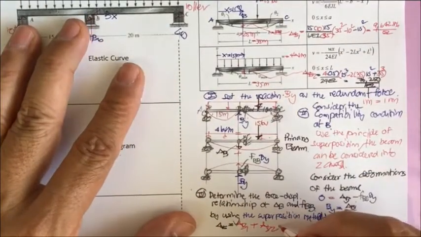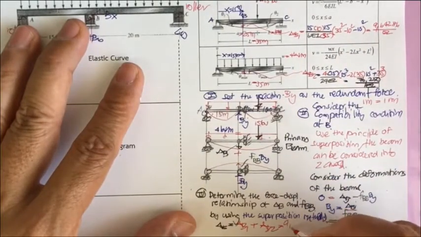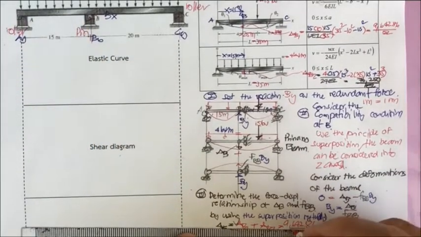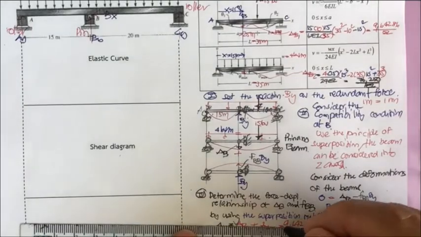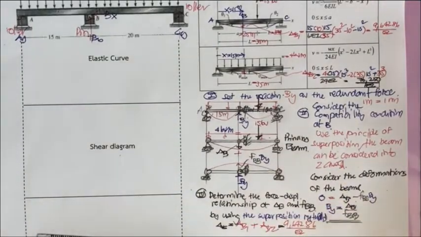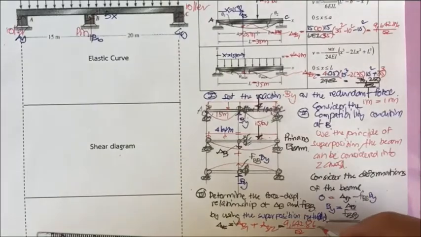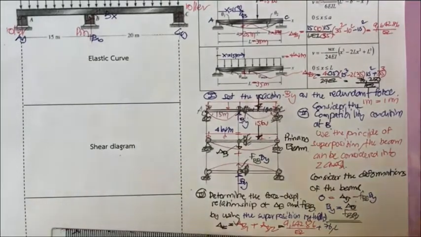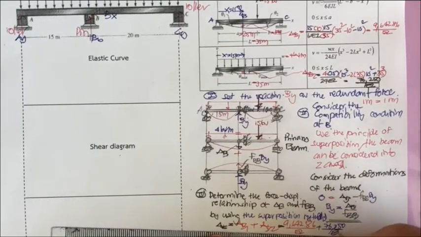And then you get 9,642.86 divided by EI, combined with this one plus 46,250 divided by EI.